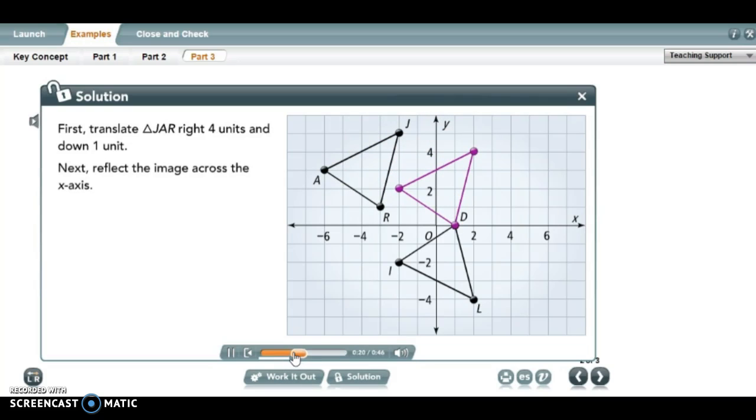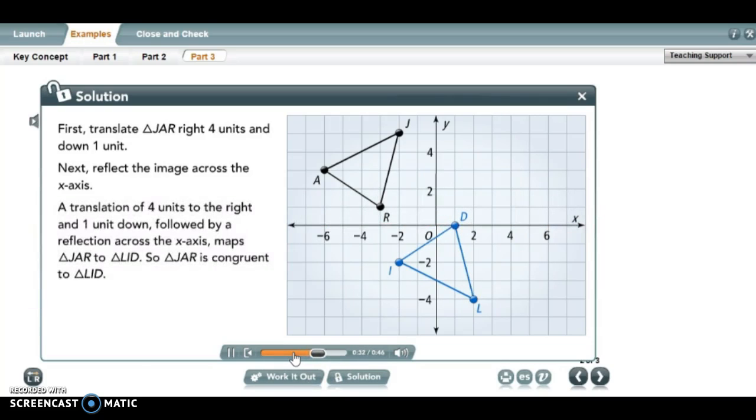And then we're going to reflect it right across that x-axis. So there's our line of reflection. Go ahead and make sure you draw that in. And then it reflects down over that. So go ahead and draw that on your notes that it is translated to the right and down and then reflected across the x-axis.